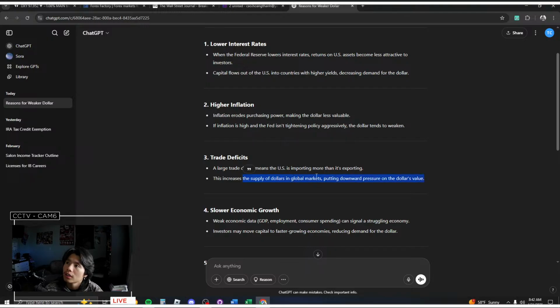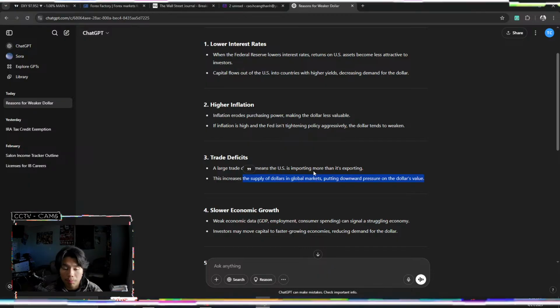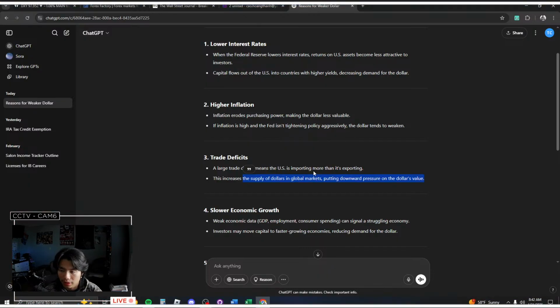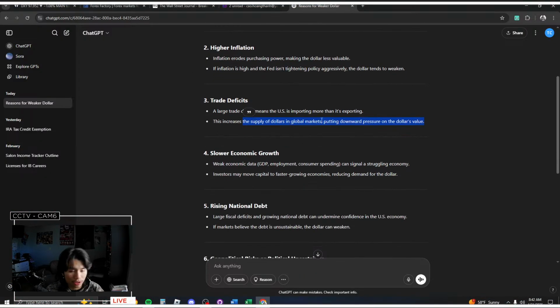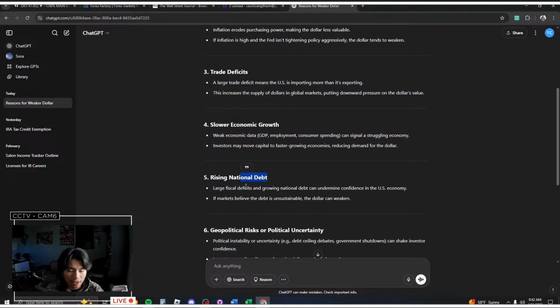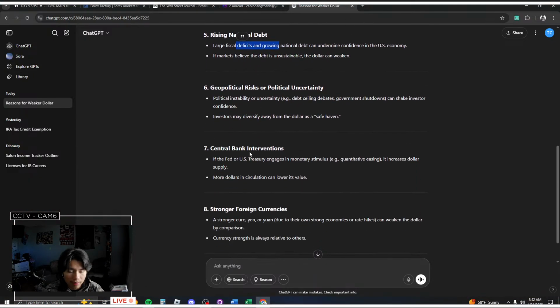Because we are buying other services and products from other countries with the dollar, the dollar goes to that other country, and the more dollars that we give out, the more pressure there is on the value of the dollar. Slow economic growth, rising national debt. All right.